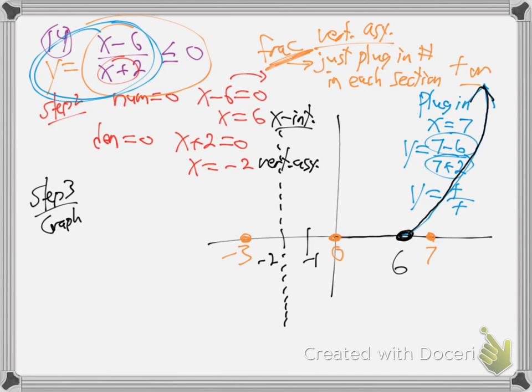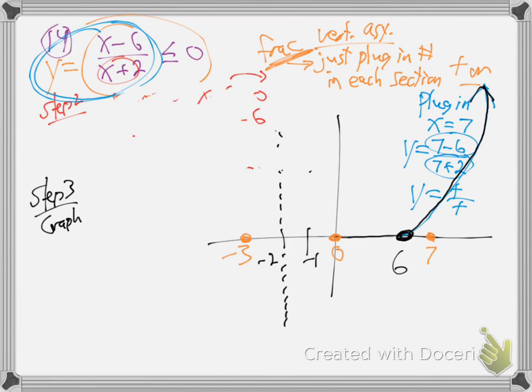So now I'm going to go to the middle. And I'm just going to plug in a number in the middle. 0. So I'm going to plug in 0, which is a number in the middle section, to this function.